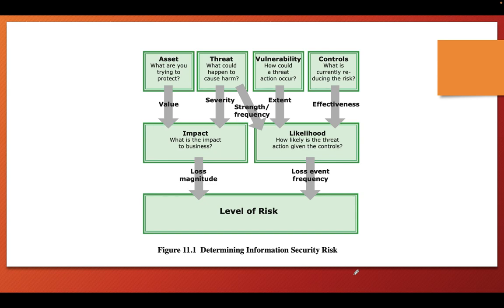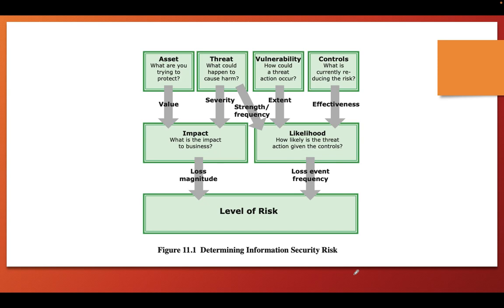Then we have the controls. The controls are what is currently reducing the risk. The mechanisms that you've put in place that are currently reducing the risk in an organization, making your system effective. These are your controls. Now, from the asset, the first one is the value. The asset and the threat, both of them, lead to severity.